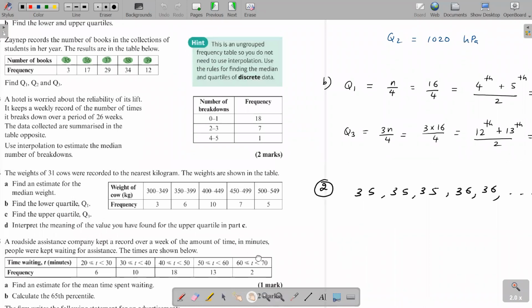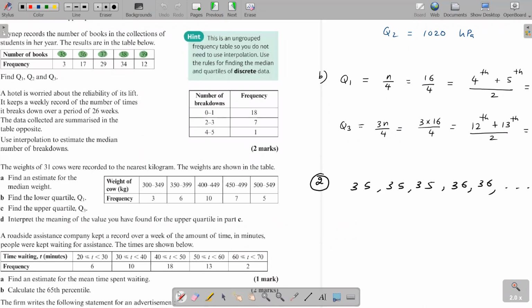So what is the n value here? You need to bear in mind that n is the total frequency. That is really important. You will not add the x values, because the top values represent the individual x values, so adding them makes no sense. 35 is repeated thrice, 36 is repeated 17 times, because n means how many data points we are using.